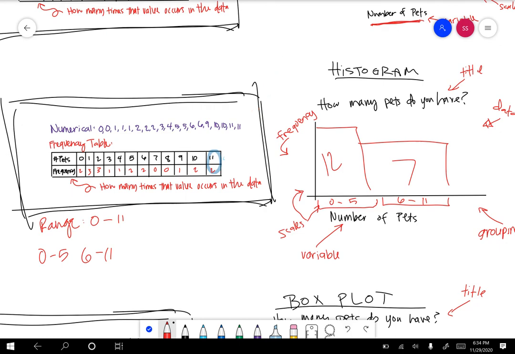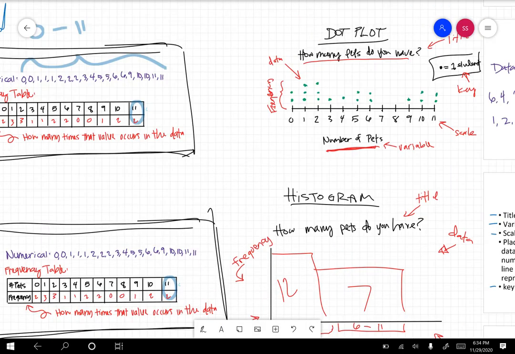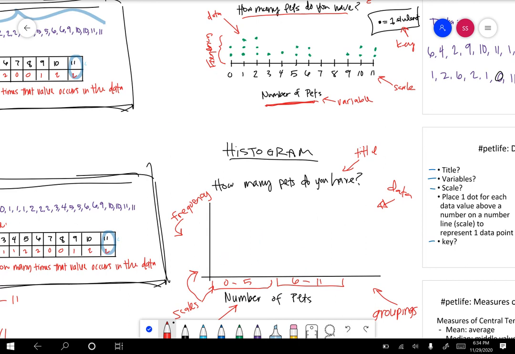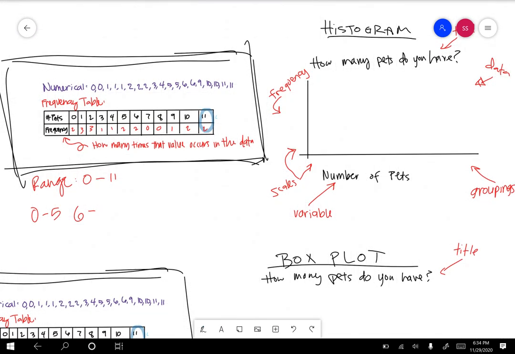If we were to compare it to that dot plot we just created, we do see that, yes, more people have fewer pets, just like our dot plot shows us, but it doesn't really give us a clear picture of how our data is distributed. So that's what I mean by you need to decide what your grouping is, and you need to group it based on what makes sense with your data, right?